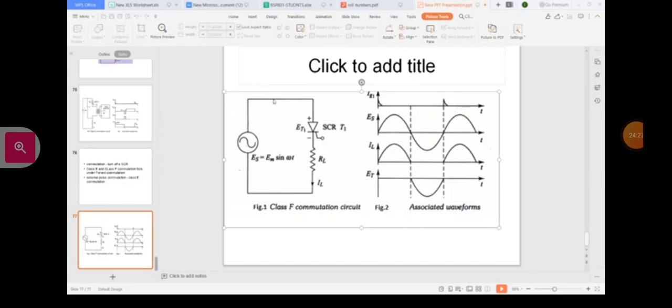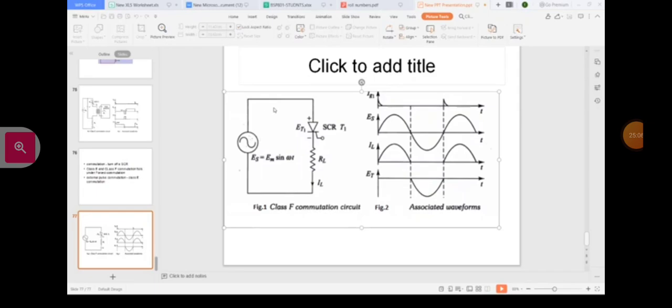It is connected to SCR T1 and resistor RL. These are the three major components: the AC supply, denoted by this sinusoidal symbol, the thyristor T1, and the resistor RL.